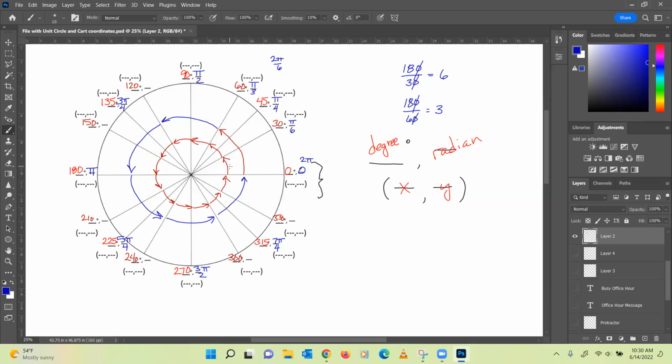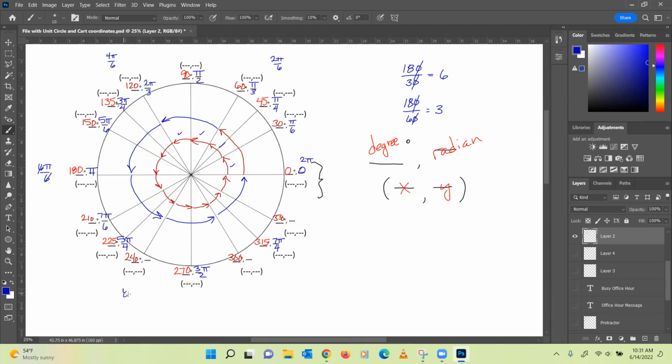So we had 1 pi over 6, 2 pi over 6, 3 pi over 6 is pi over 2. 4 pi over 6 would simplify to 2 pi over 3. And then we'd have 5 pi over 6, which won't simplify at all. 6 pi over 6, which simplifies to just pi. That's 7 pi over 6.